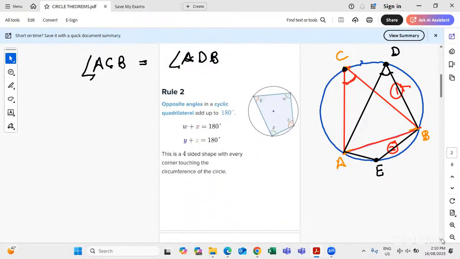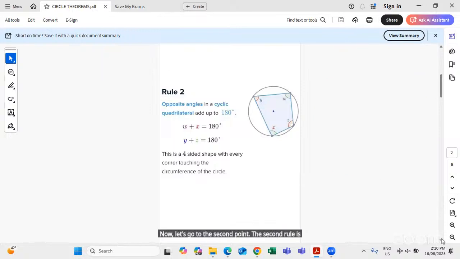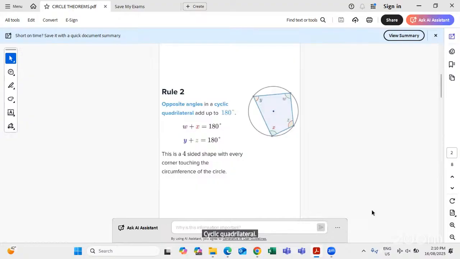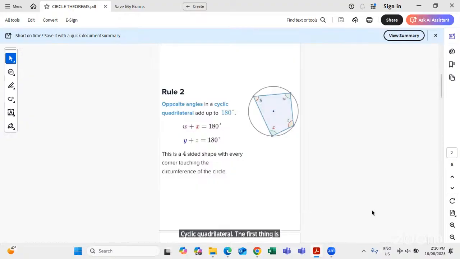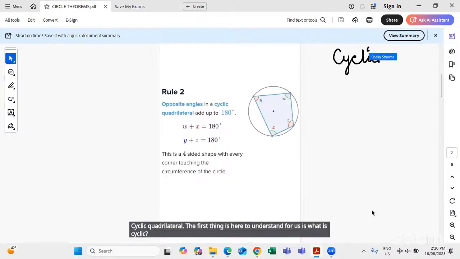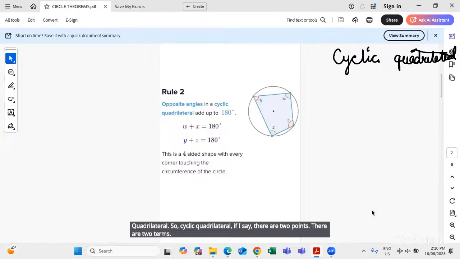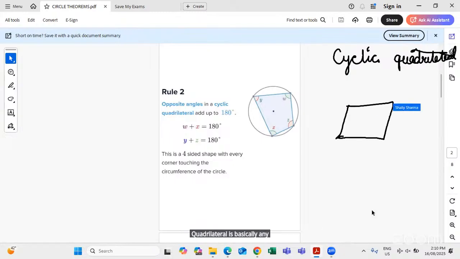The second rule is basically related to the cyclic quadrilateral. The first thing for us to understand is what a cyclic quadrilateral is. There are two terms, cyclic and quadrilateral. A quadrilateral is basically any four-sided shape; a four-sided polygon is known as a quadrilateral.